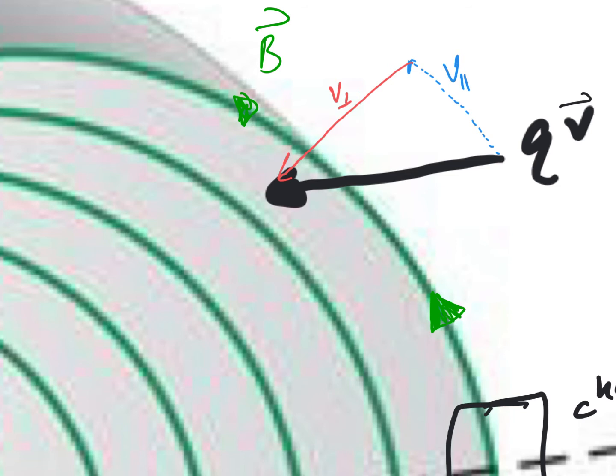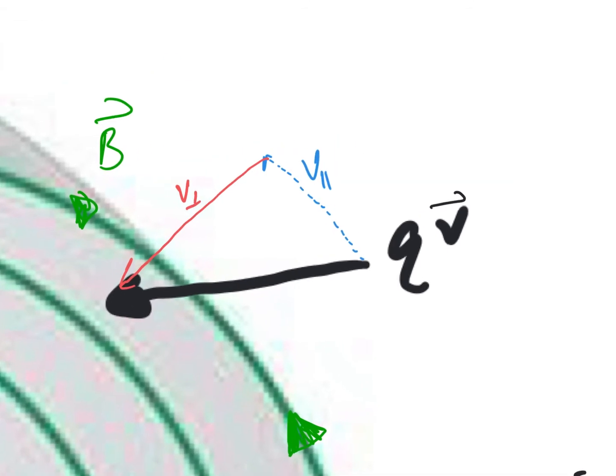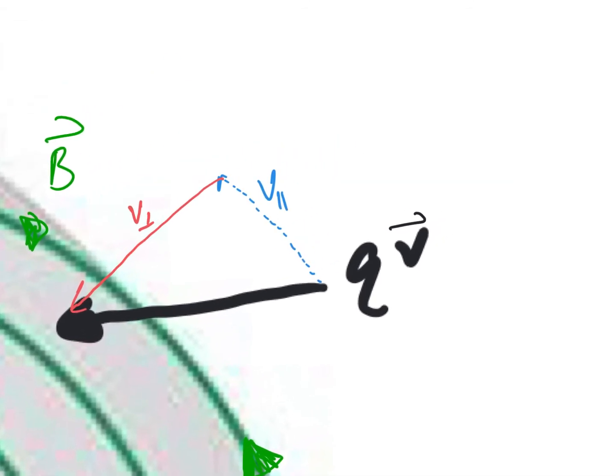The blue vector, the parallel vector, because that component is parallel to the magnetic field, it experiences no magnetic force.